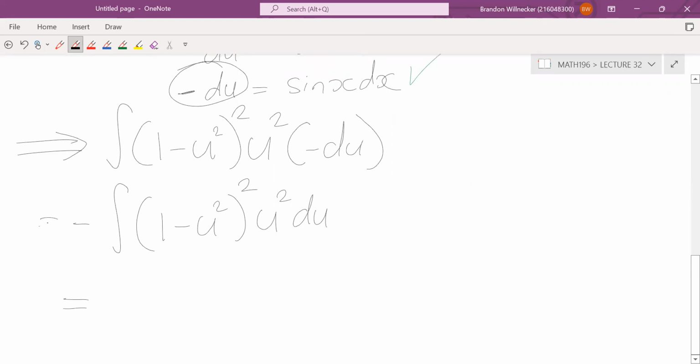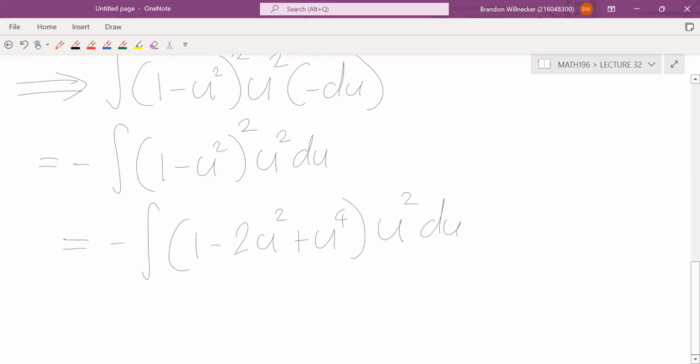Okay, equals minus the integral, 1 minus u squared, all of that squared, is going to be 1 minus 2u squared plus u to the 4, times u squared du. Okay, now we need to distribute the u squared inside.